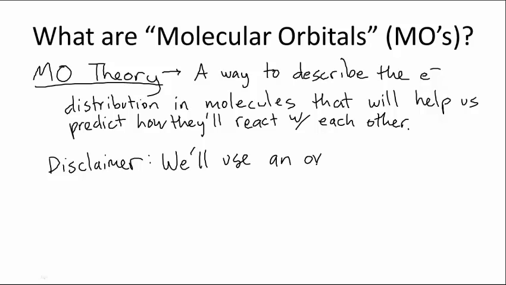We're going to use an oversimplified version. And there are going to be some things that I'm just going to say, memorize this. I can't give you an explanation. It's just a rule. Follow that rule. You can probably go on and learn explanations for those things later, but at this point, it's not worth going deeply into them.